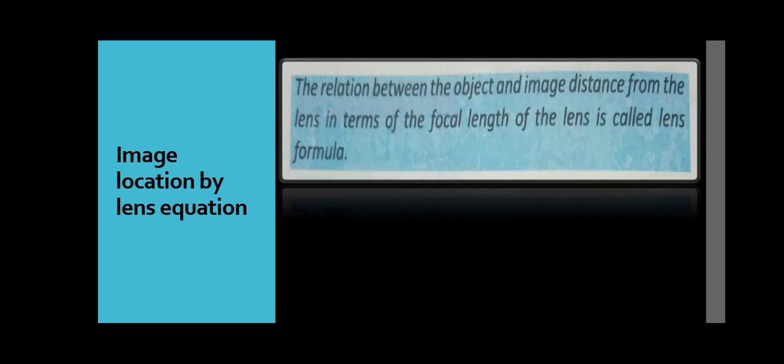Now, how can we locate an image using the lens equation? The relation between object and image distance from the lens in terms of the focal length of the lens is called the lens formula. This formula tells us how far the image is formed from the lens, what the focal length of the lens is, and what the object distance from the lens is. In numericals we can find different terms among the object distance, the image distance and the focal length of the lenses.